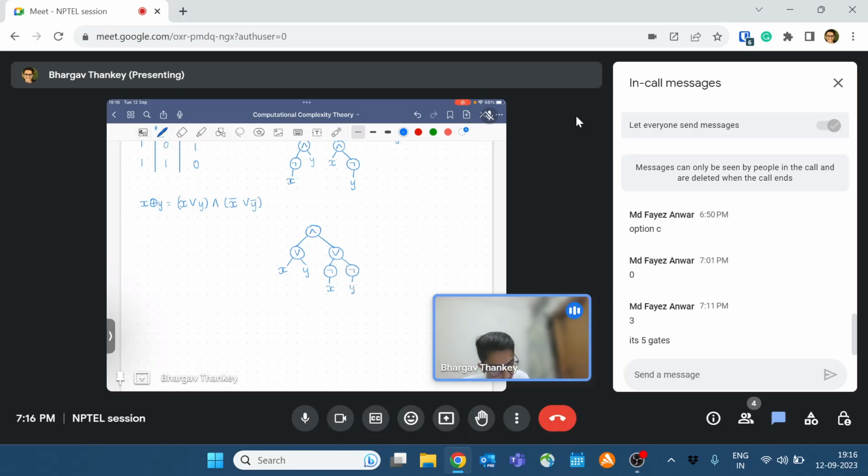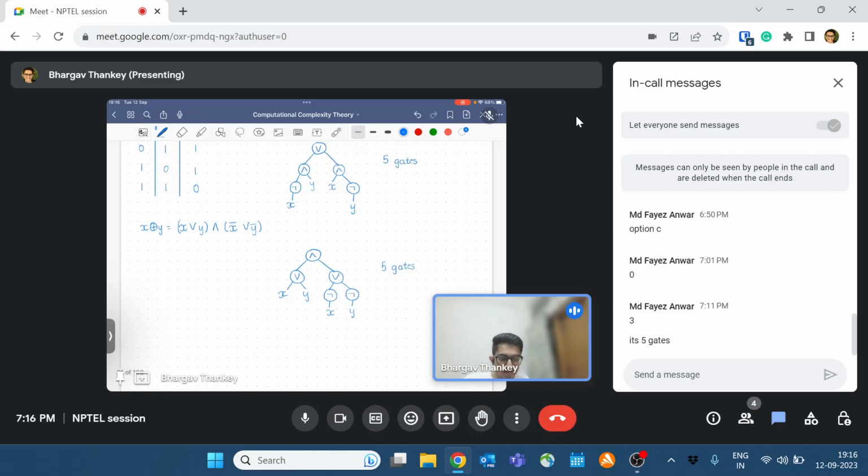Even this circuit has 5 gates. However, the benefit of this circuit over the previous one is that both of the NOT gates are under the same OR gate. So does this suggest something?